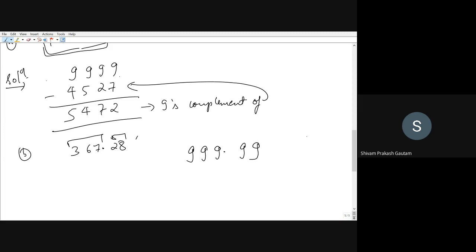Since we are dealing with decimal, it is base 10. We subtract this number from the maximum number, 367.28. Now subtract it. This will be 17. So this is the nines complement of this number.